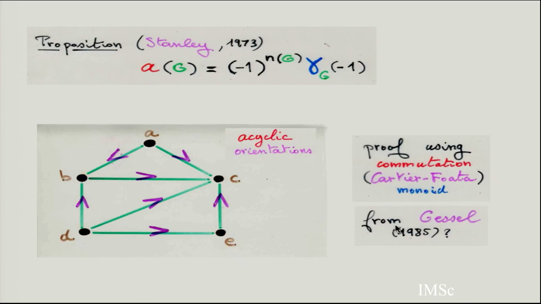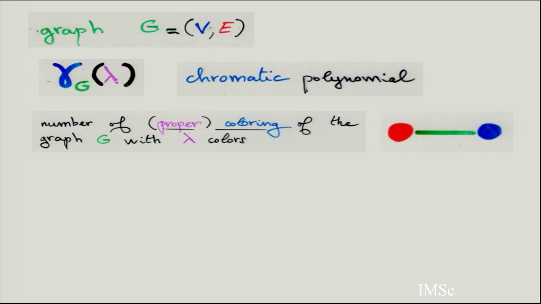And there are 4 main ideas. Yes? Chromatic polynomial? I defined it before in the general introduction. A chromatic polynomial for a graph is the number of ways of coloring the graph, a proper coloring, with lambda colors.